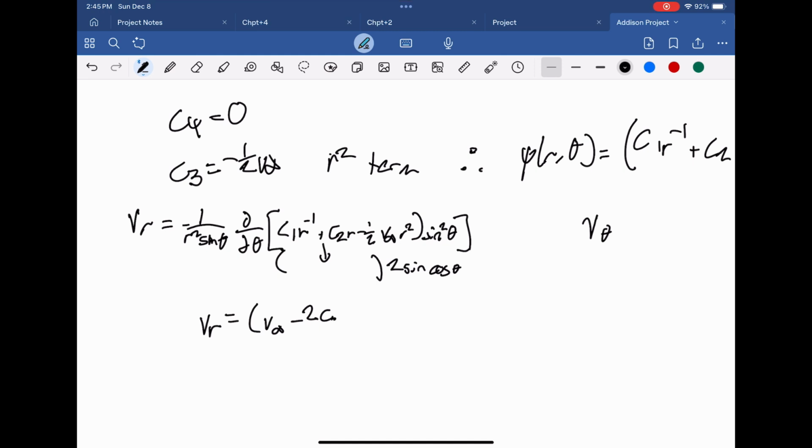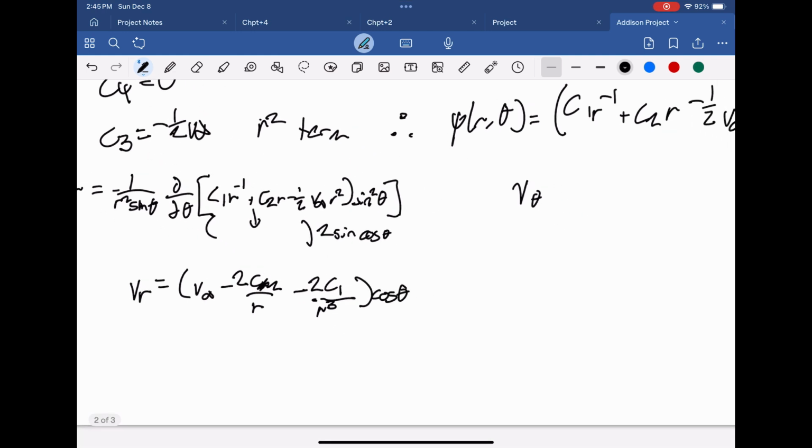So we're just going to get VR equals V infinity minus 2C2 divided by R minus 2C1 over R cubed times cosine theta.